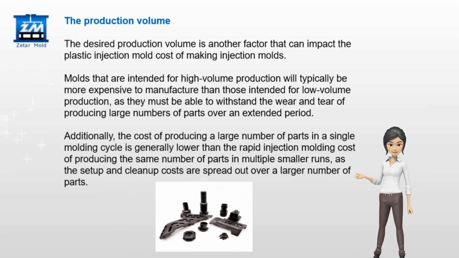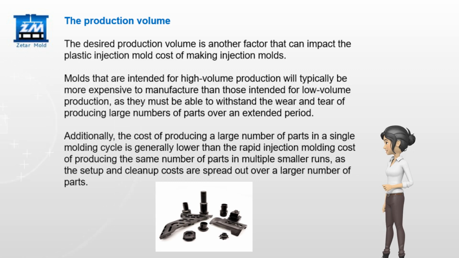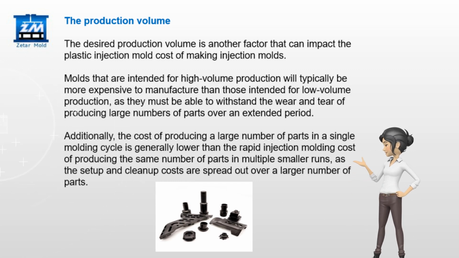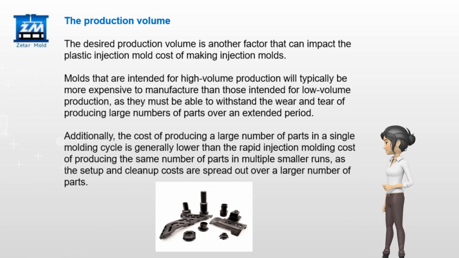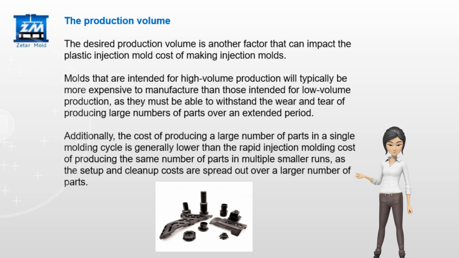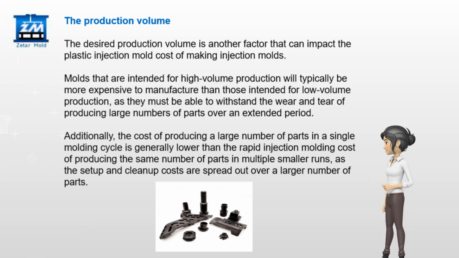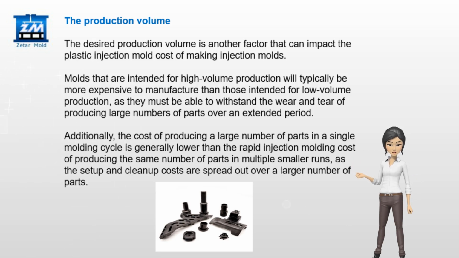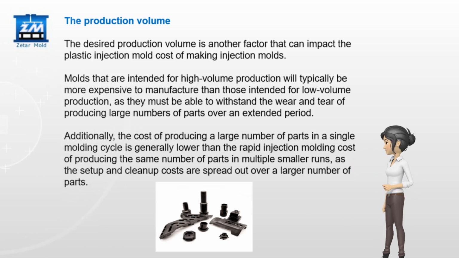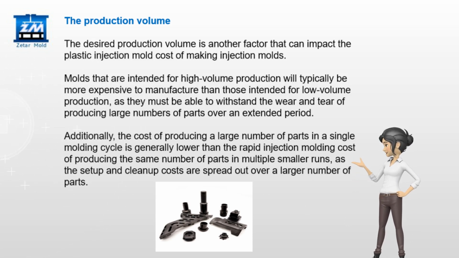The production volume. The desired production volume is another factor that can impact the cost of making injection molds. Molds that are intended for high volume production will typically be more expensive to manufacture than those intended for low volume production, as they must be able to withstand the wear and tear of producing large numbers of parts over an extended period.